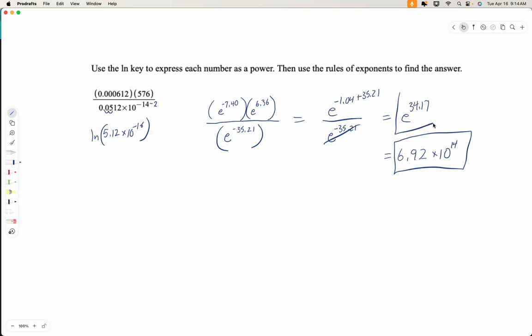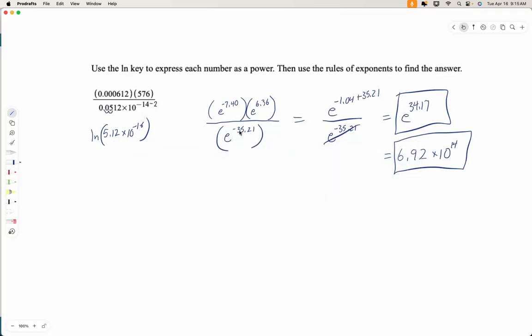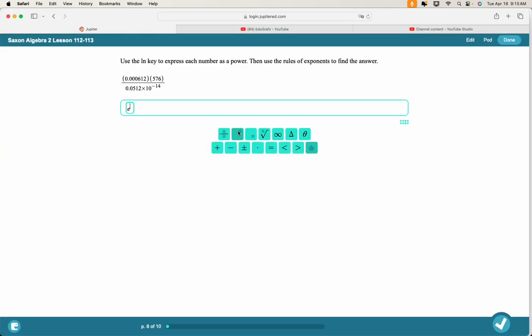So the first answer, I think, asked you to do that. Let me go back to Jupiter and see. I think I would take either one. Let me double check that. E to the 34.17. Let's see if it'll take that answer.